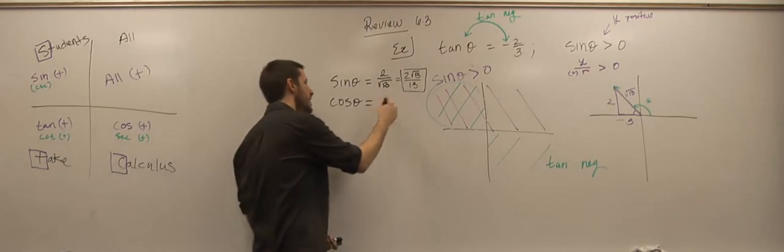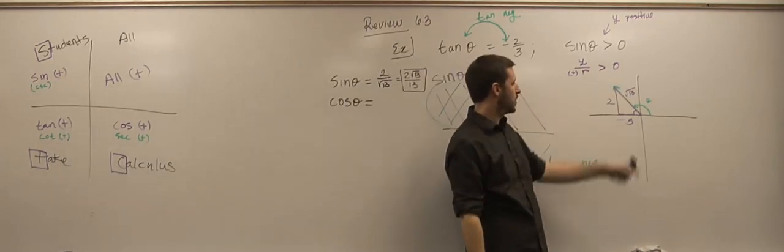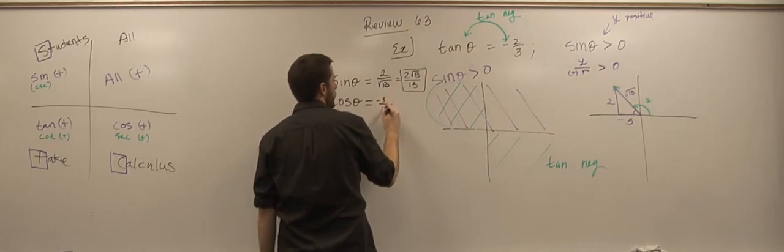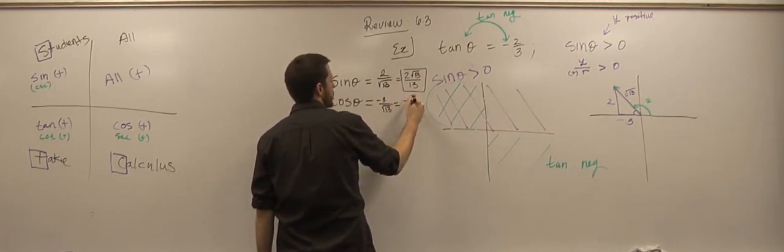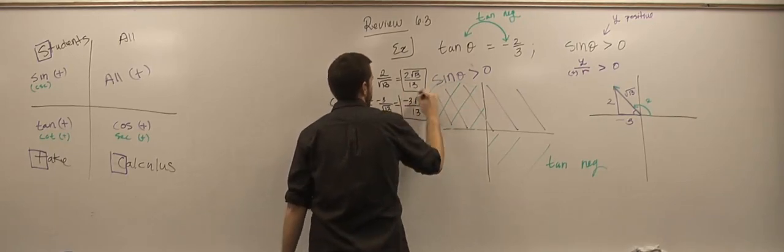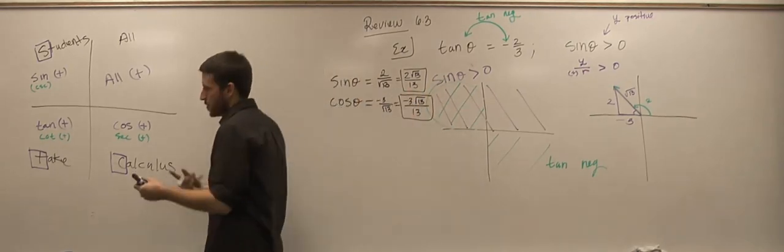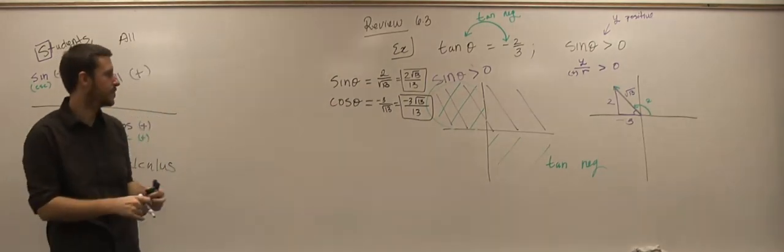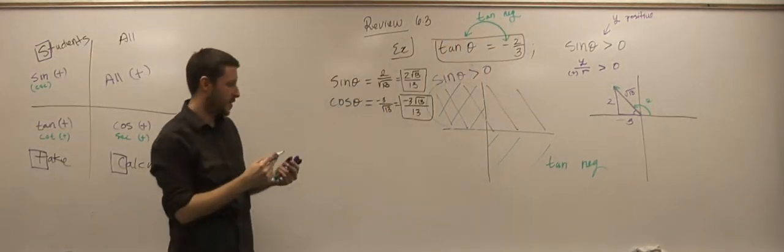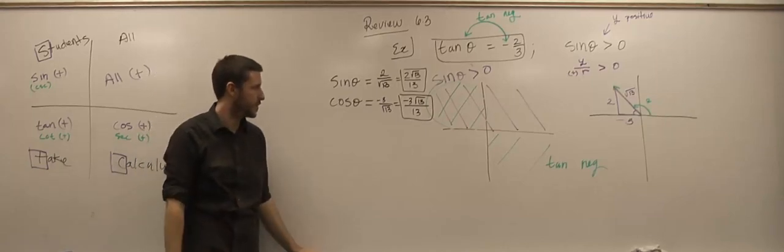Cosine of theta is adjacent over hypotenuse, or x over r. You get negative 3 over root 13, or when you rationalize, negative 3 root 13 over 13. And then the others, the reciprocals, you'll just flip everything. Oh, and here's tangent. So there's our 3 regular trig functions. For the reciprocals, you just flip.